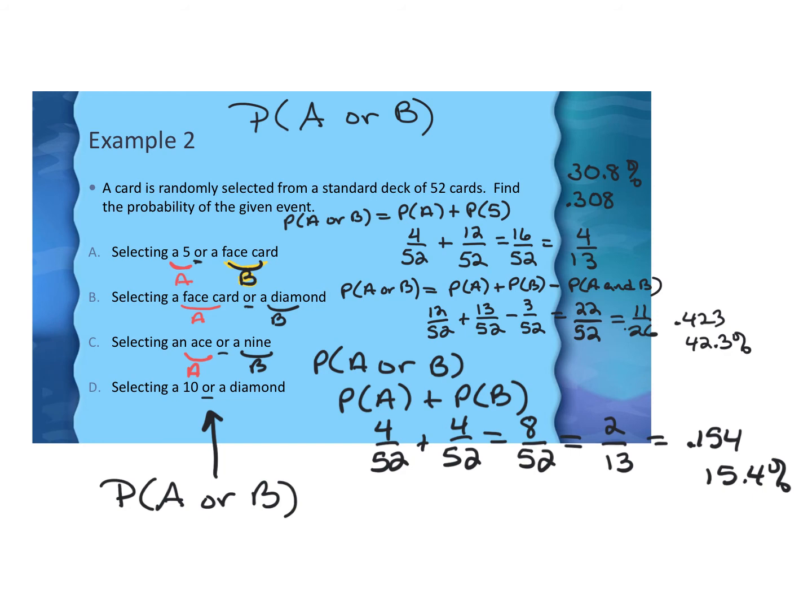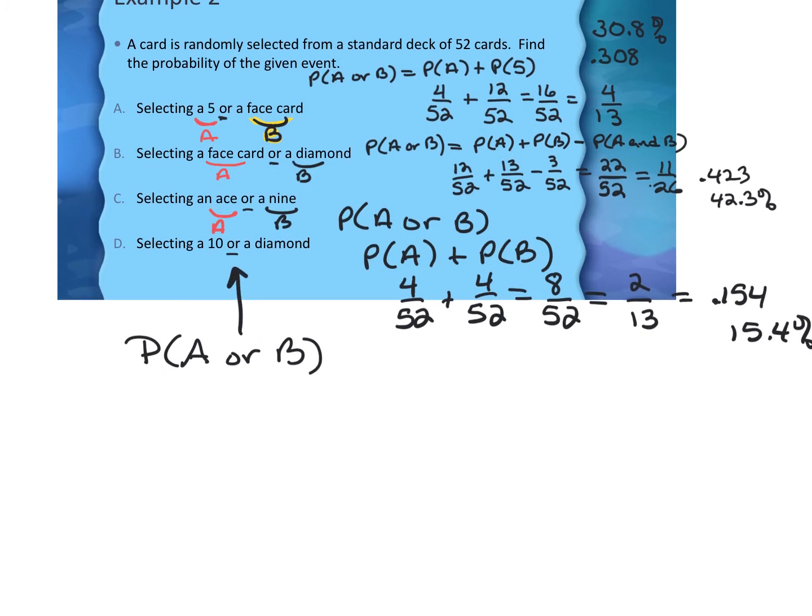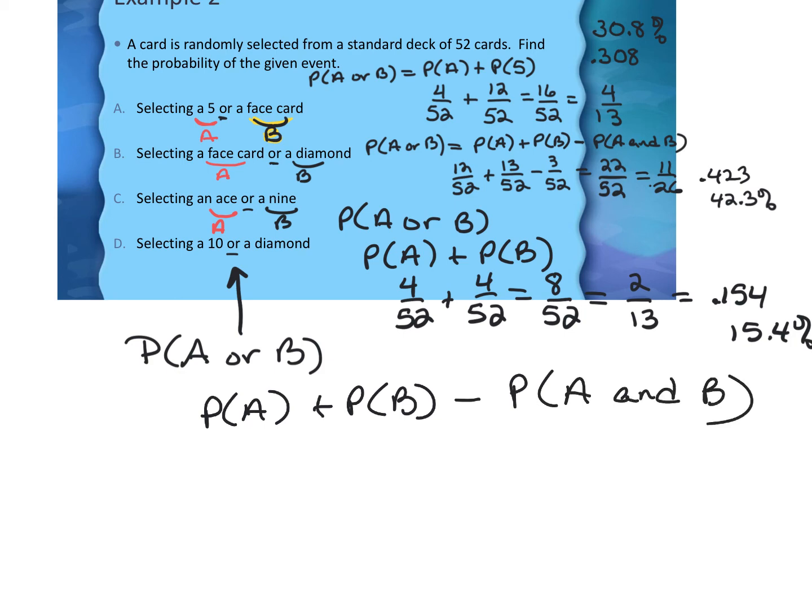If they said find the probability of a 10 and a diamond, that would be a different question. So again, we would do the probability of A plus the probability of event B minus both together.